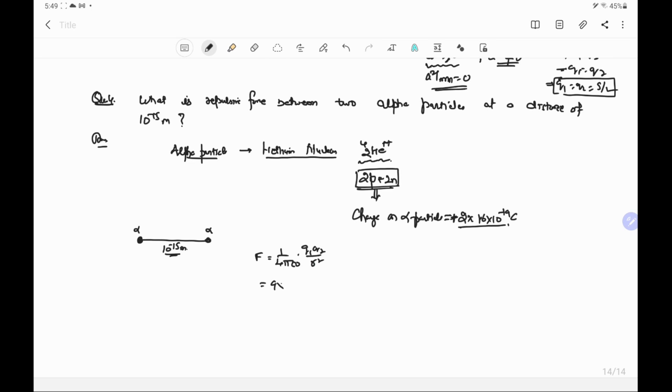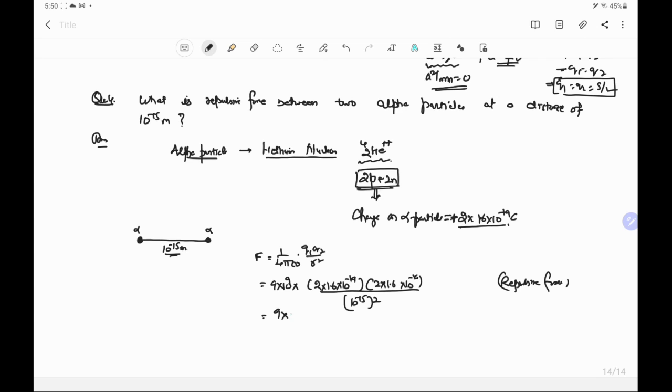We can put the value 9 into 10 to the power 9. q1 is the charge on an alpha particle, 2 into 1.6 into 10 to the power minus 19, and q2 is also the same, 2 into 1.6 into 10 to the power minus 19, and the distance between them is 10 to the power minus 15, square. The force will be repulsive, because these are like charges. Positive charges are like charges.